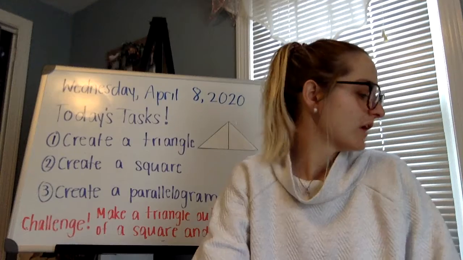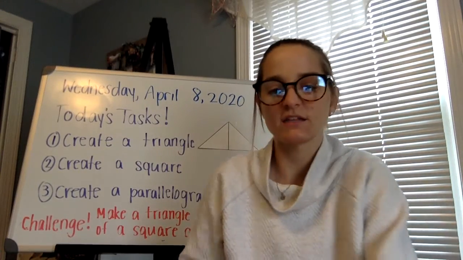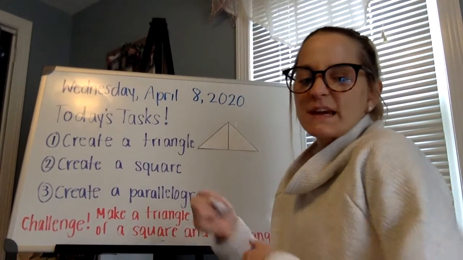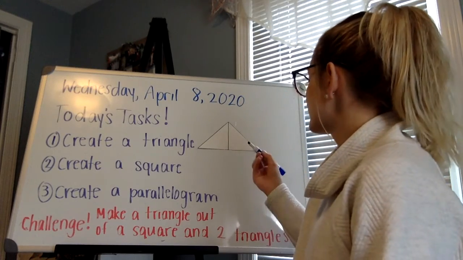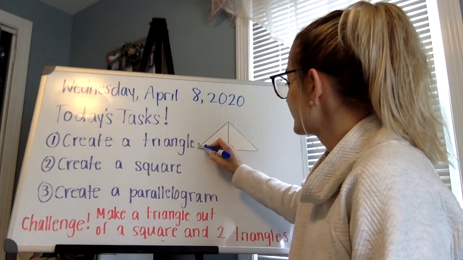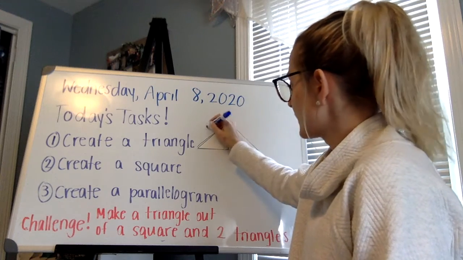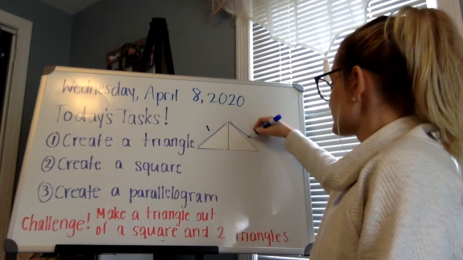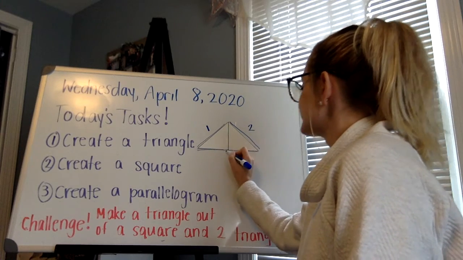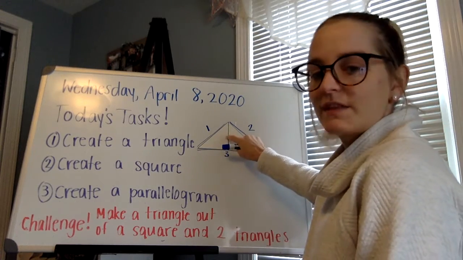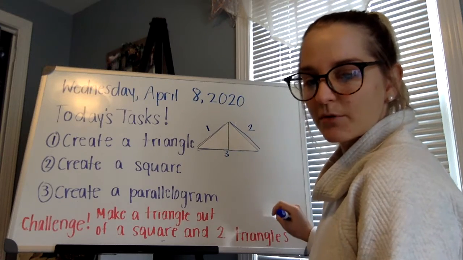Before I move on, let's just make sure we have 3 sides and 3 angles on our triangle. So I know this side is 1, this side is 2, this side is 3. We don't count this because it's in the middle of the shape, okay?